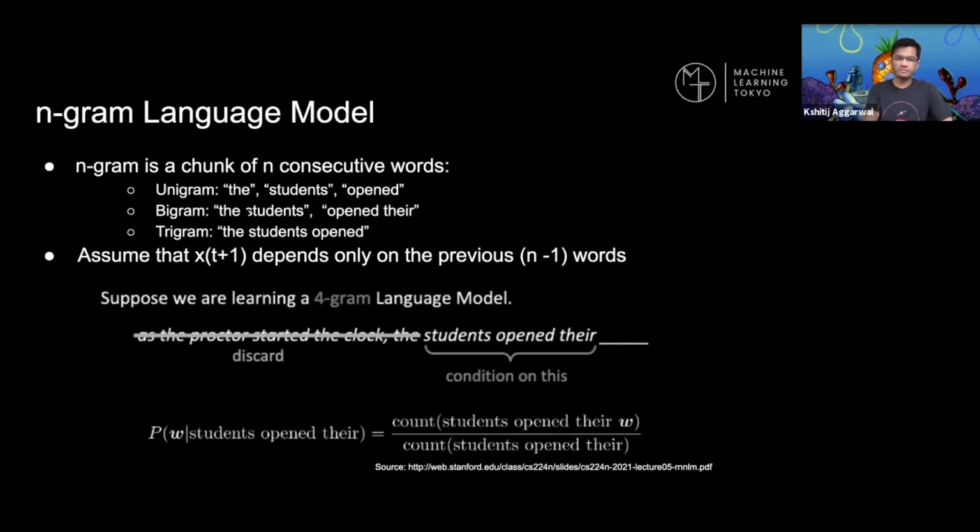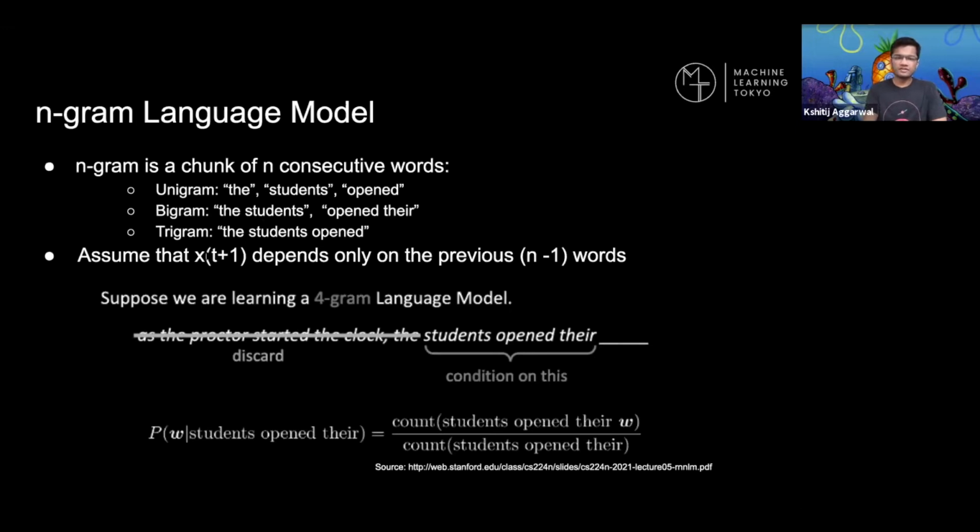So a unigram can be one individual word, like "the", or "students", or "opened". Bigrams are pairs of 2 consecutive words. So it's not just a pair of any randomly occurring words, it's a pair of consecutive words in our data. Like "these students", or "students opened", or "opened there". And then trigrams are just triplets, and so on.